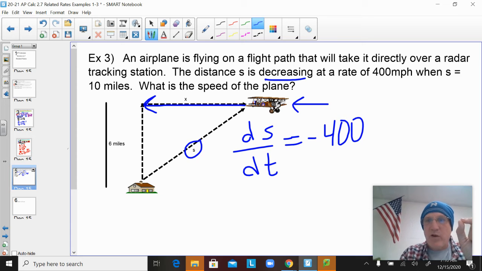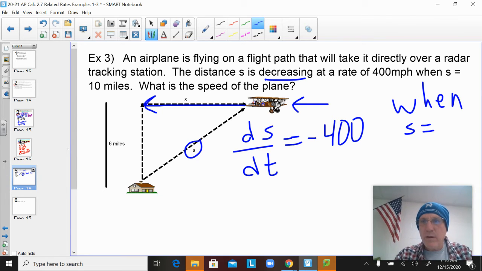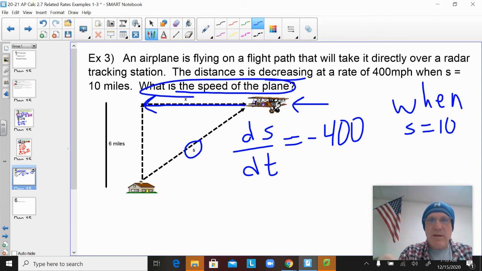Got to be real careful. If a quantity is getting smaller, then the rate of change is negative. And then it says when S equals 10. And what does it want? It wants the speed of the plane. That's just how fast it's traveling in this direction. This quantity is x.